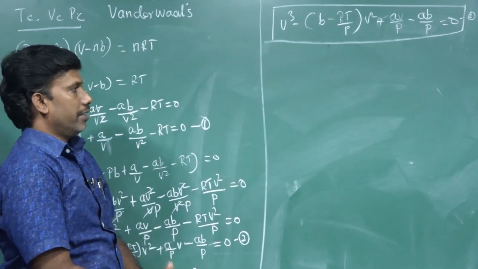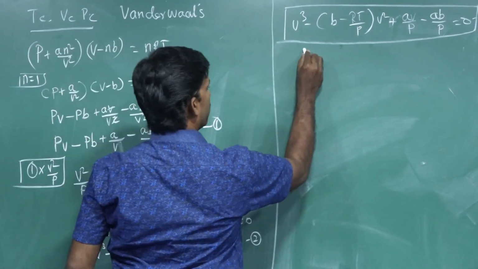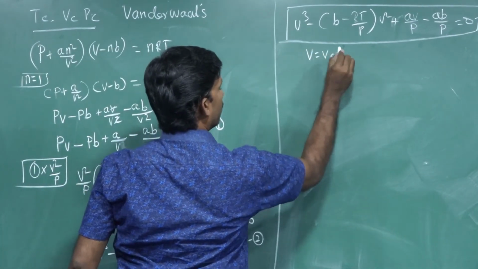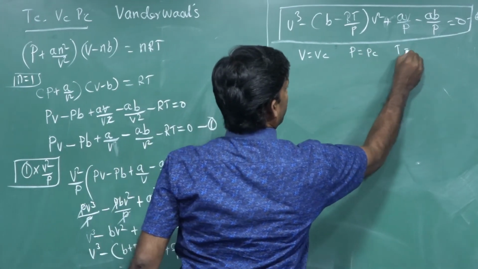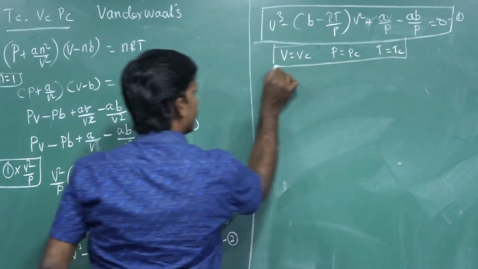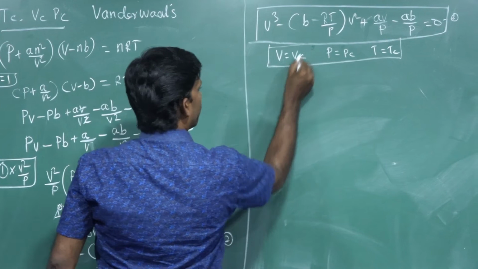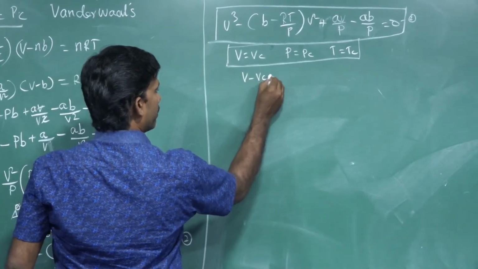Now we are going to apply the critical condition. What is the critical condition? At the critical condition, V equals Vc, P equals Pc, T equals Tc. This is the critical condition. If we take it at the critical condition, what will happen? From this we can write V - Vc equal to 0.